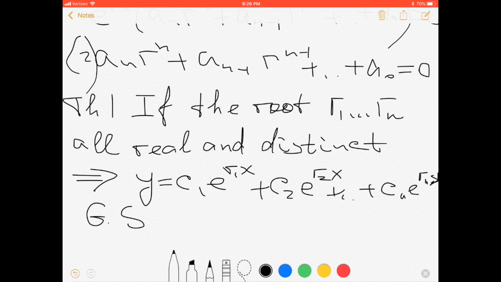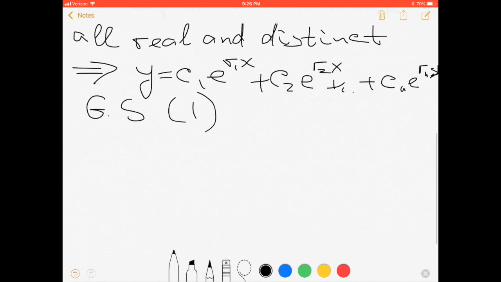General solution of the first equation. Okay, let's look at some examples. Proving this is a solution is very easy; it follows from how we build the characteristic equation.